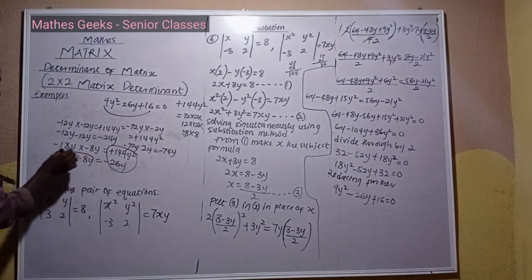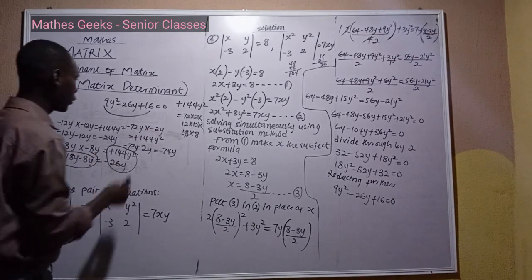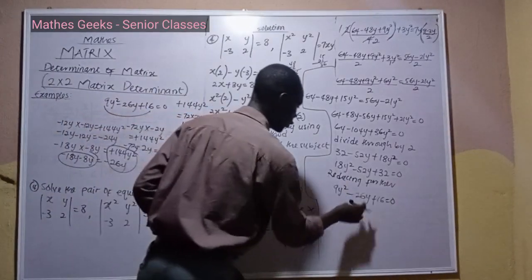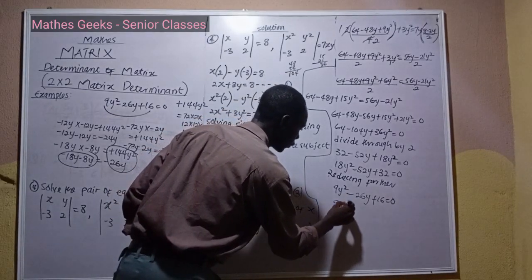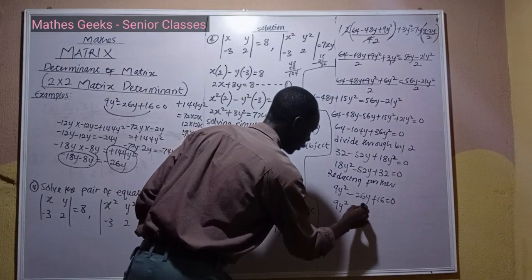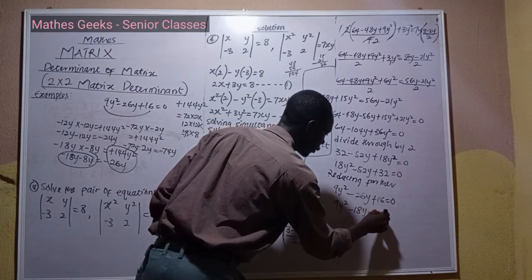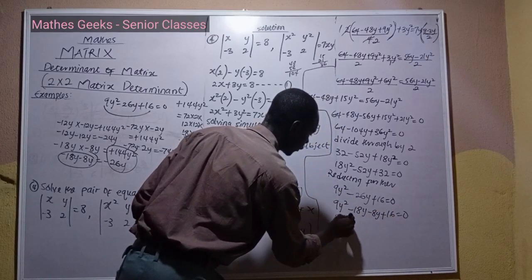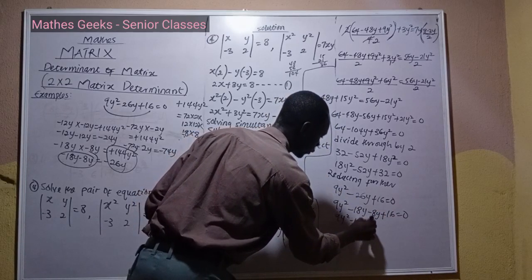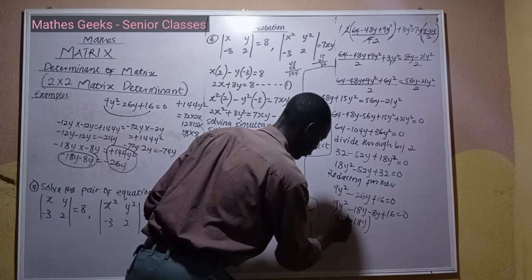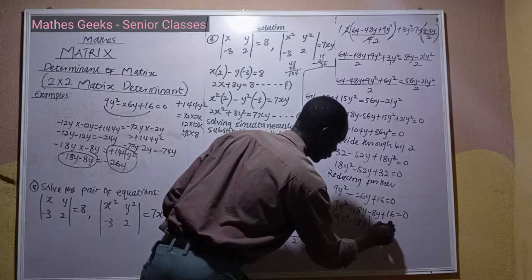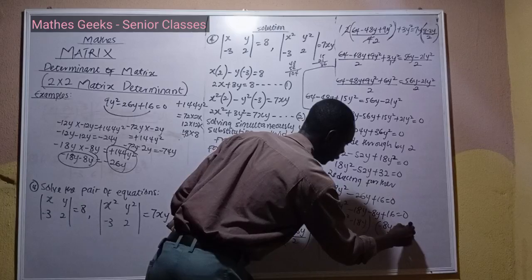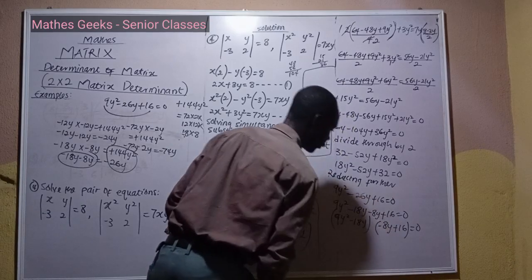So we put these two in place of the middle term in our equation. 9y squared minus 18y minus 8y plus 16 is equal to 0.